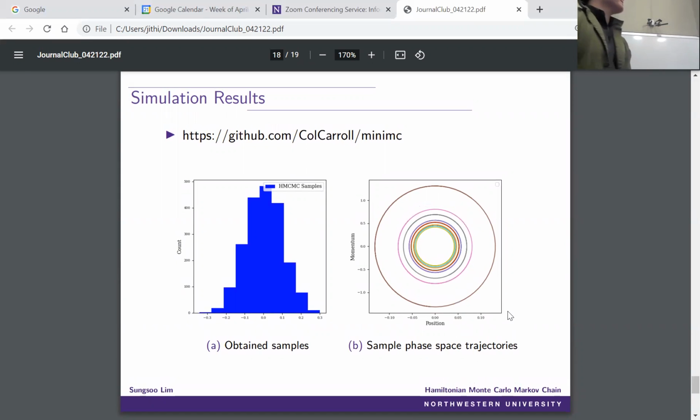Yeah. Can you explain how you got the kinetic energy in this process? How you decided? For this one, I just took the standard normal as the kinetic energy, and that was actually the one they used in the example.